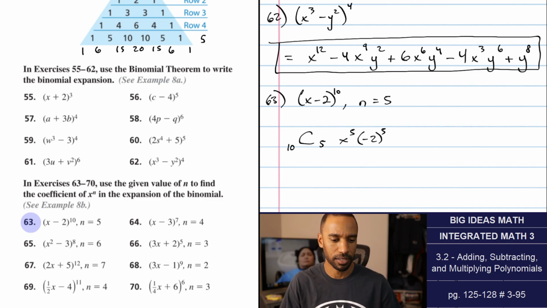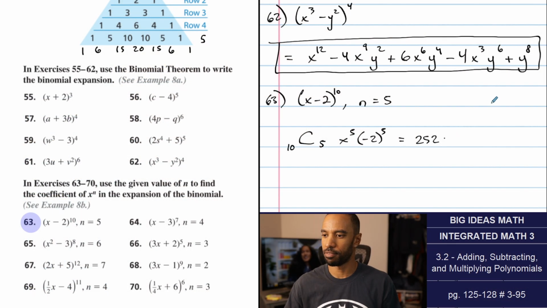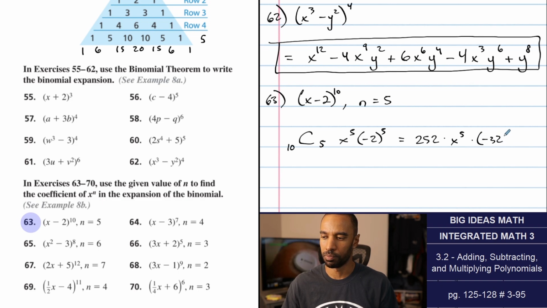We're going to use our calculator and do 10 choose 5 off of that, okay? So I go to the calculator and I do 10 choose 5. And I get 252. Now I got to multiply 252 by x to the 5th and by negative 32.